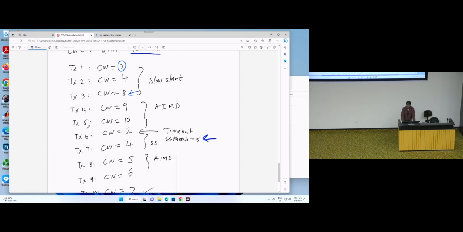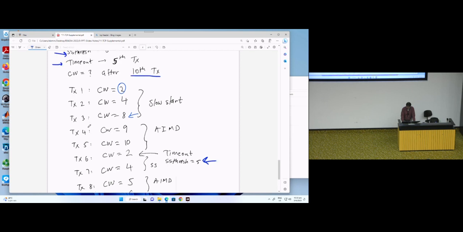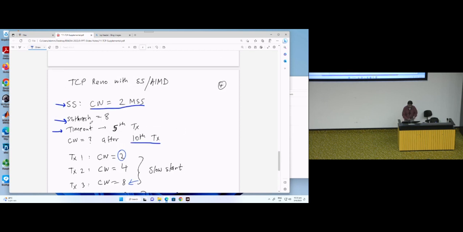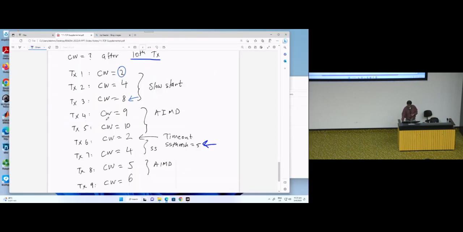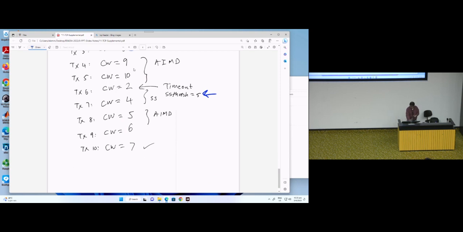Then I get a timeout. At that time, because we're doing Reno, Reno is going to cut the congestion window down to its lowest, and I told you that slow start happens at 2 MSS. So this will go 9, 10, then it will react aggressively, go to 2. And then after that, it will go back to slow start.